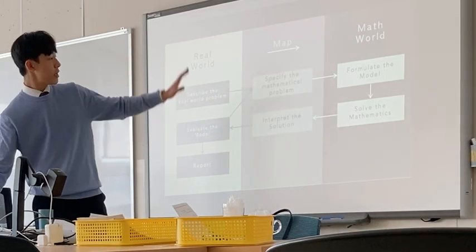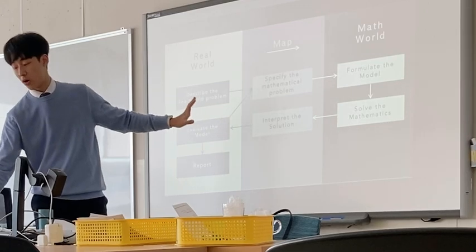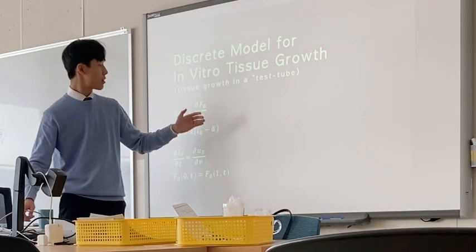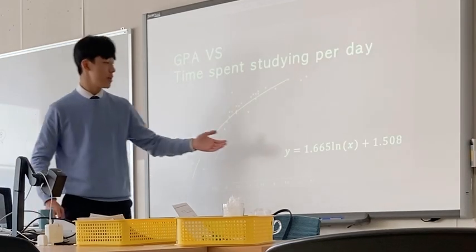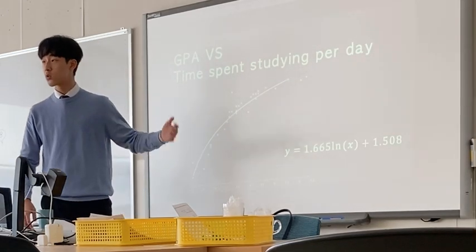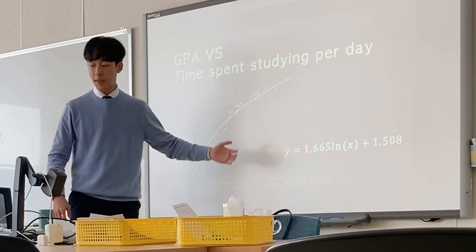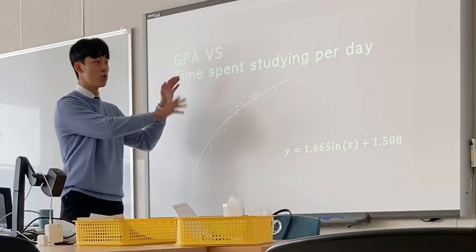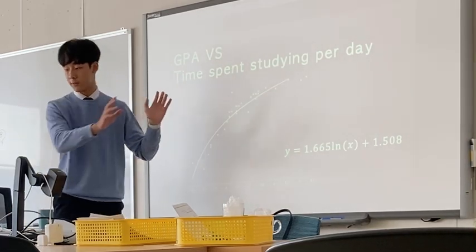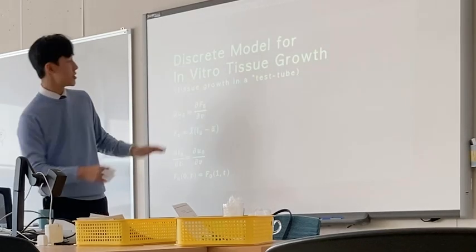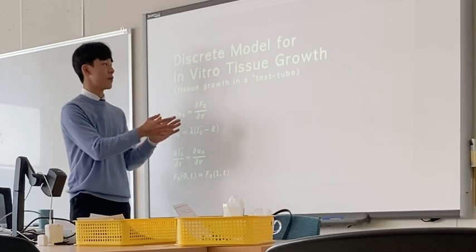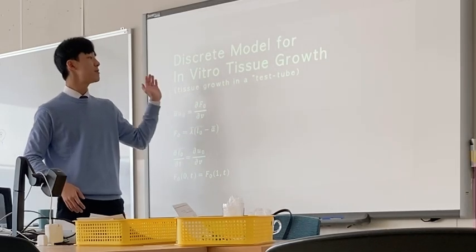But the thing is, even though we know how to make all models, this complicated system of equations here and this really easy logarithm equation look quite different. And that's because the way in which these two things are made is very different. So, if you look at this example here, which is discrete models for in vitro tissue growth, we haven't done this yet.